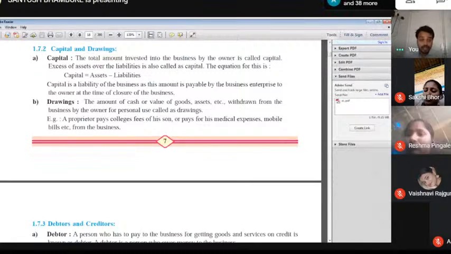Okay. Remember, everyone, if I withdraw any money from the business, that is what we call drawing in simple meaning, such as a proprietor paying his son's college fees, his medical expenses, mobile bill, etc. from the business. That is the simple meaning of drawings and capital.